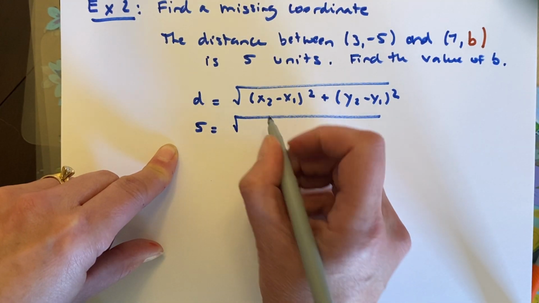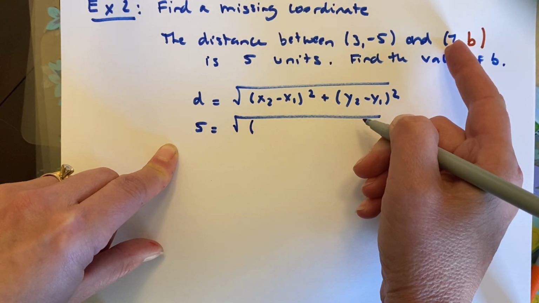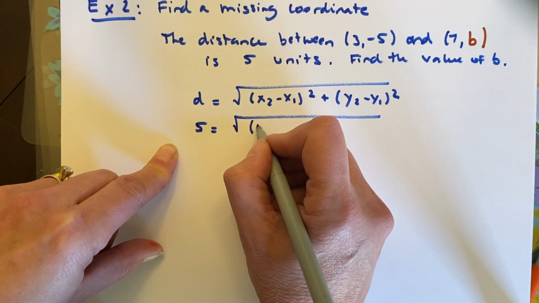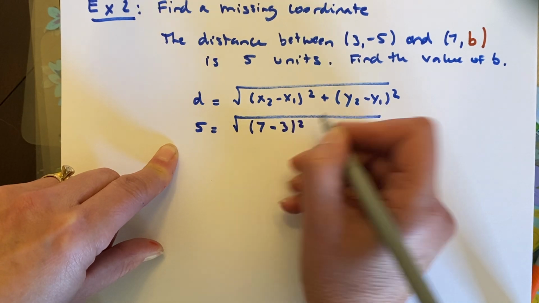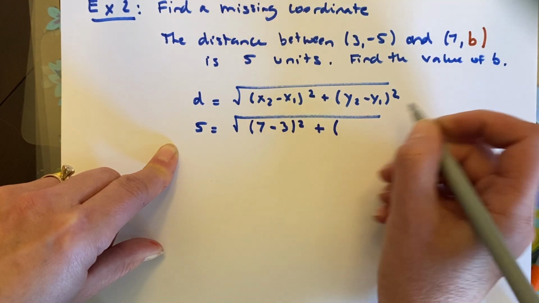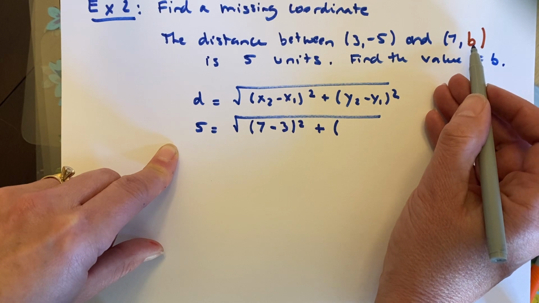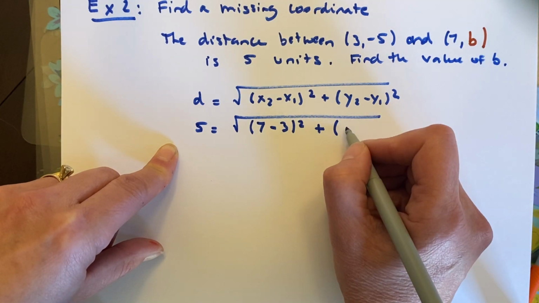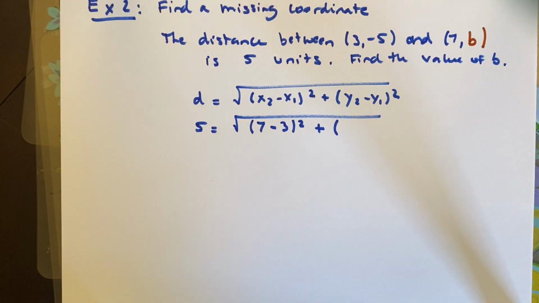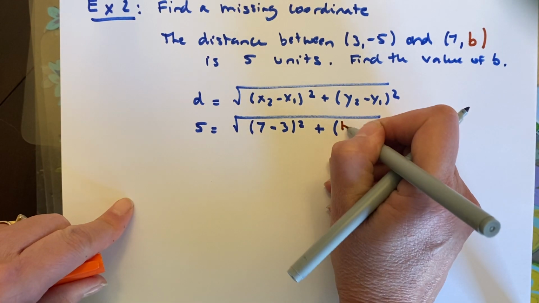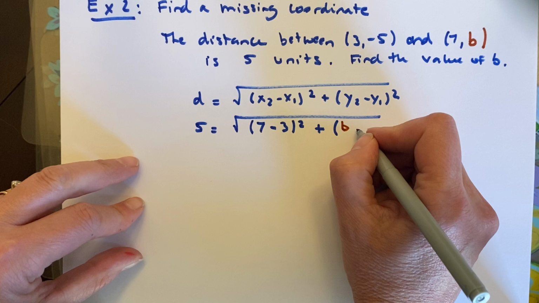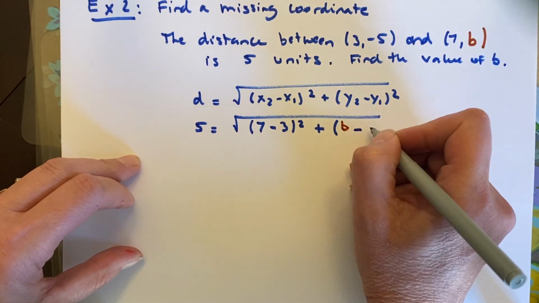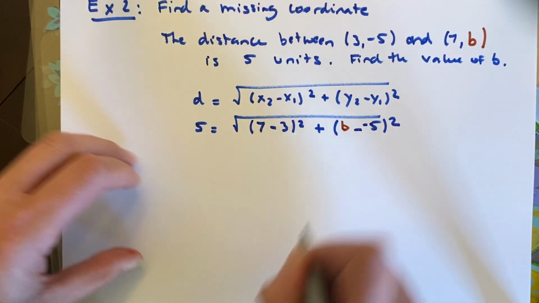We know what both x's are. x2, we'll call this x2, is 7. x1 is 3. And we're squaring that. We don't know what y2 is, so we're just going to put a b in here because that's what we're solving for. But we do know what y1 is, so minus -5, and again, it's squared.